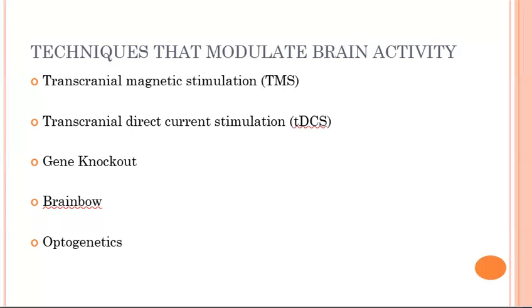Now, transcranial direct current stimulation is a bit different. That's tDCS, similar to TMS in some ways, but it's different in the way that it uses an electrical current directly rather than inducing it with magnetic pulses, via small electrodes on the skull.